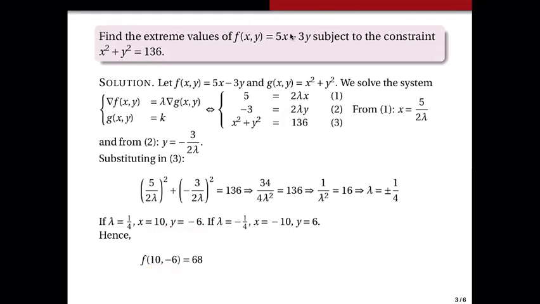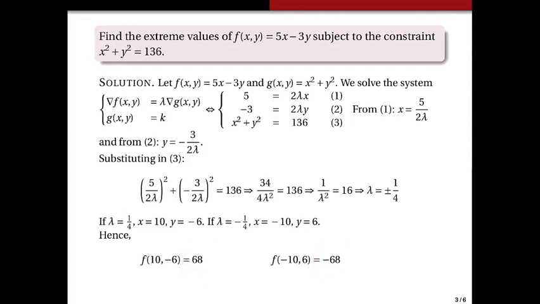If we evaluate f at this point, we will get 68. On the other hand, for the point negative 10 comma 6, we evaluate the function f at that point and we will have negative 68. So obviously, this is positive and this is negative, therefore this is higher compared to this.